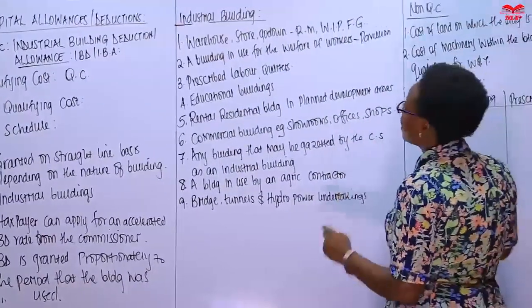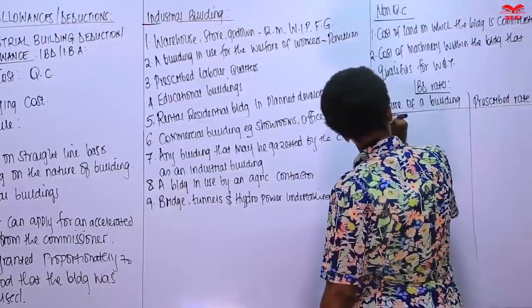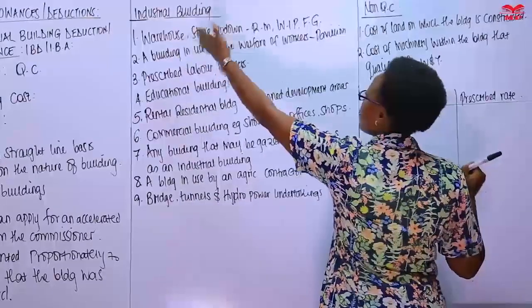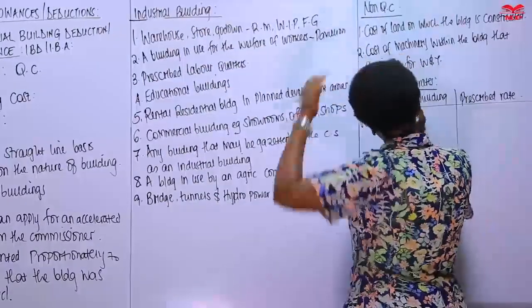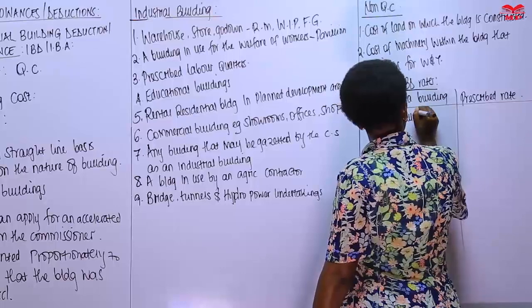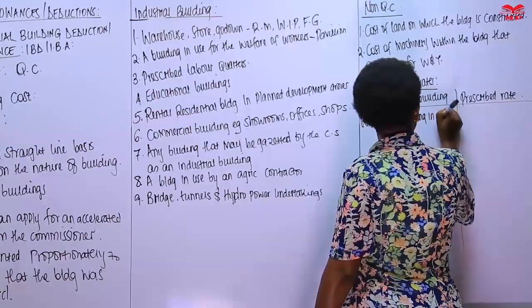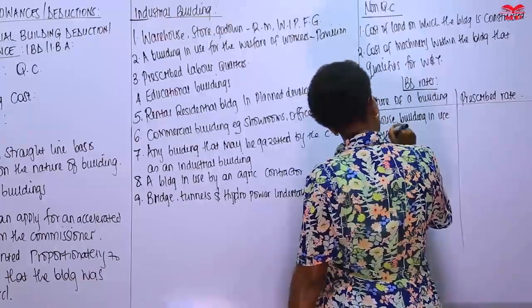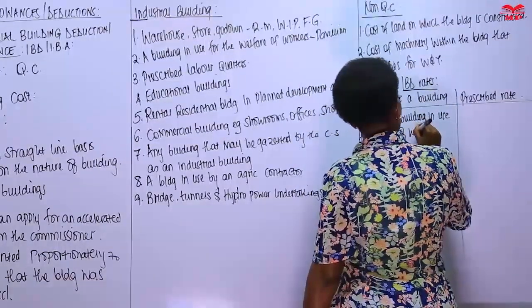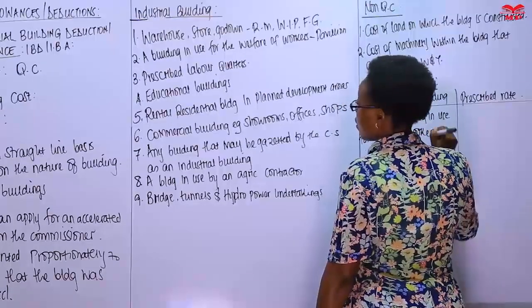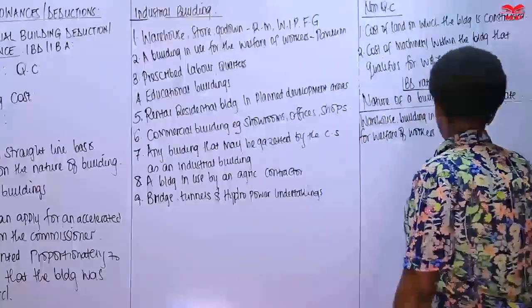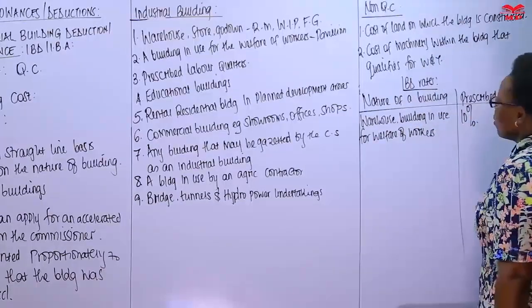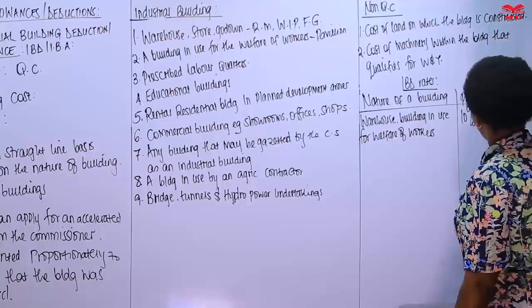So an industrial building like a warehouse, go down, store, go down, and then a building in use for welfare of workers, that will have 10%. So 10% of qualifying cost.